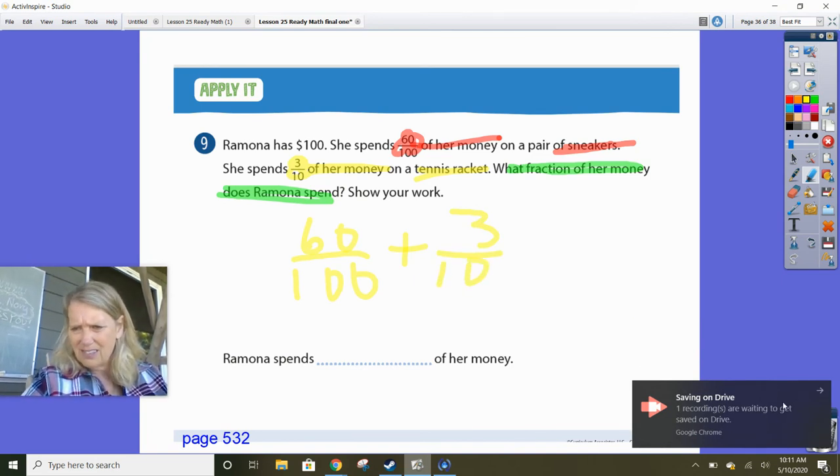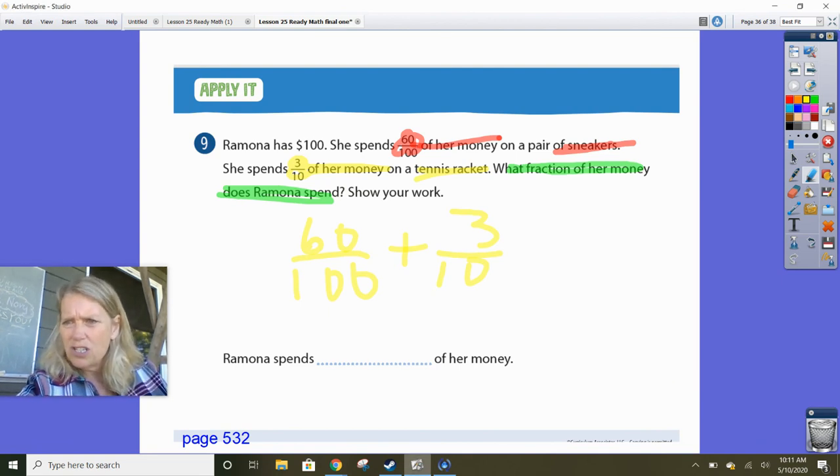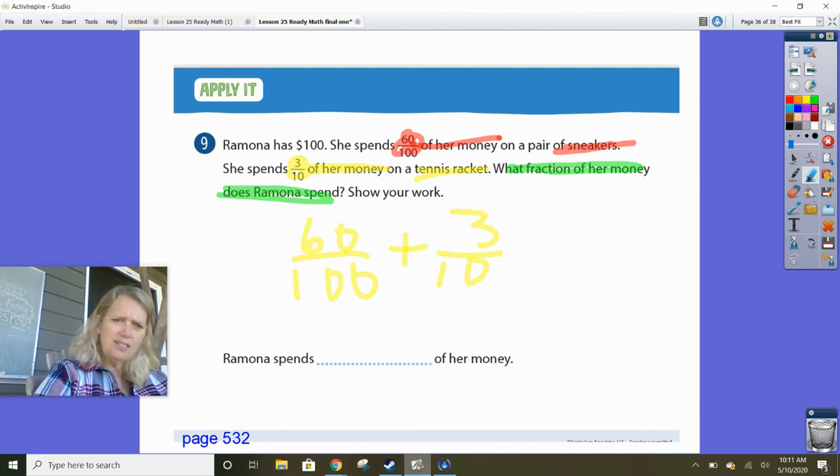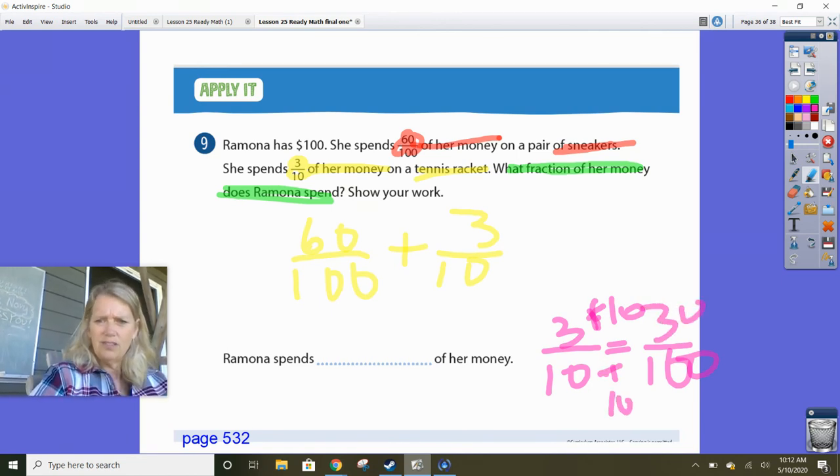That's okay. So I'm going to change 3 tenths to hundredths, times 10 times 10 is 30 100ths. Okay, so I changed that to be 30 100ths.